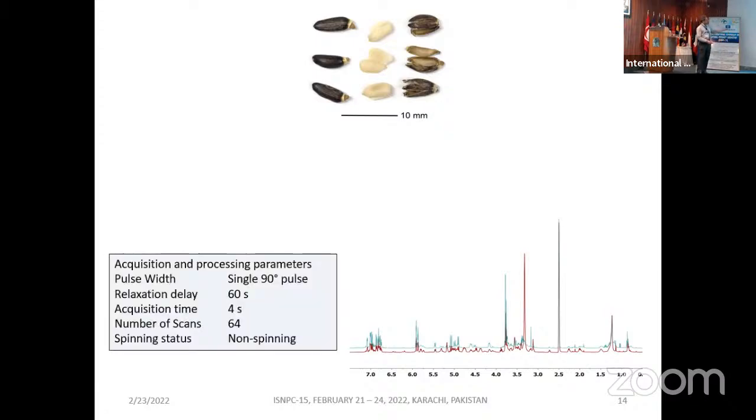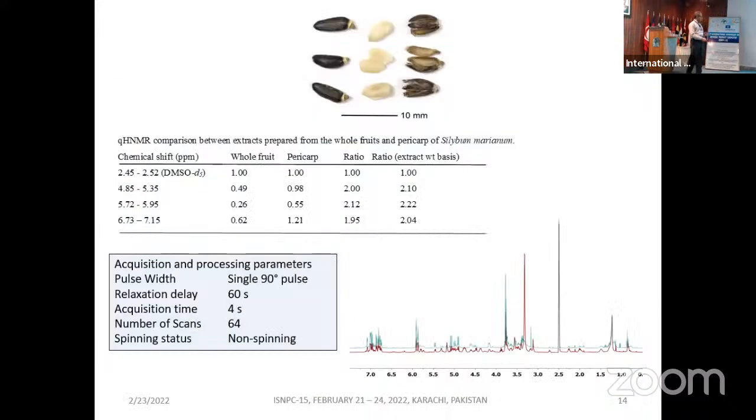We have used quantitative NMR parameters, the single 90 degree pulse experiment, which excites magnetization for all of the nuclei, and increased the relaxation delay to 60 seconds to account for the relaxation of all nuclei of the compounds in the extracts. And then we can obtain a good result. Actually, almost double the amount of flavonolignans, or silymarin, was produced in the extract from the pericarp.